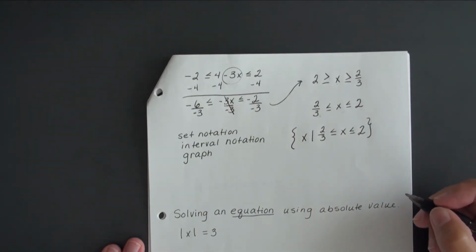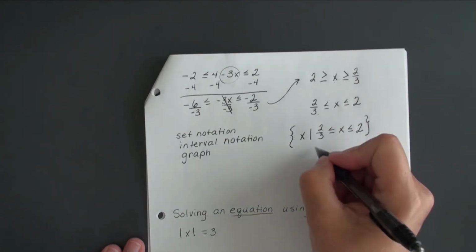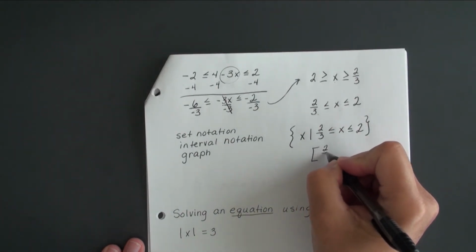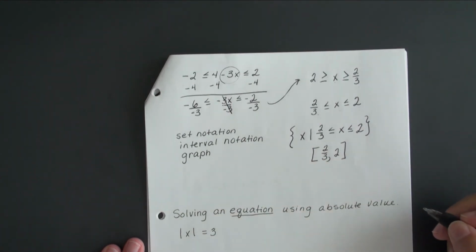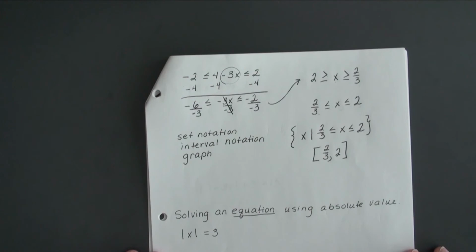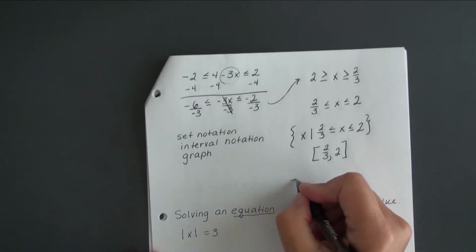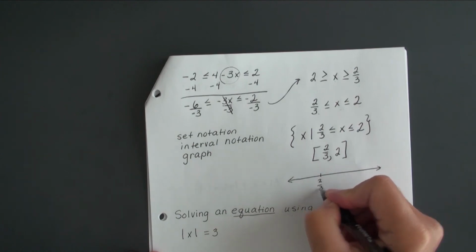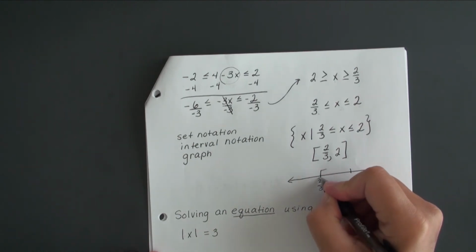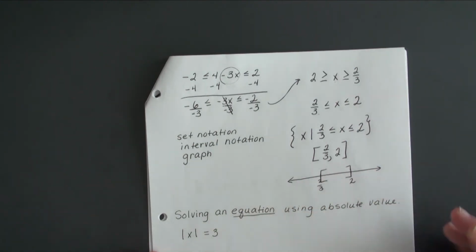Our interval notation would be bracket 2/3 to 2. And our graph would look like that.